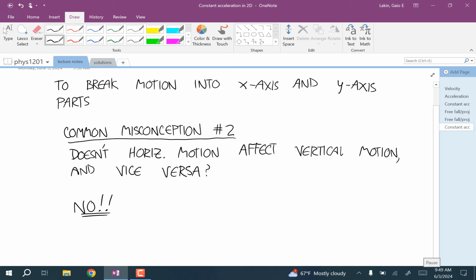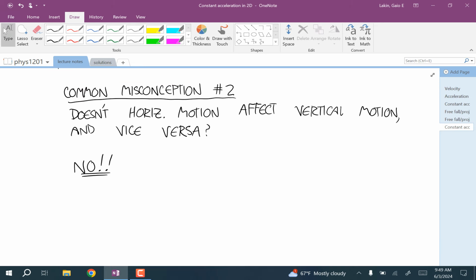So that video shows us that we can just break these motions up into, depending on the direction of your x and y axes. For now, those are always x is horizontal and y is vertical. You can change those. But for now, we'll just think of x as horizontal and y vertical.